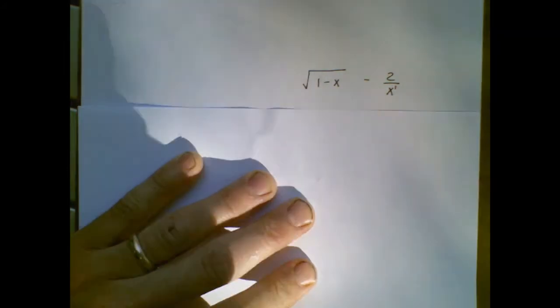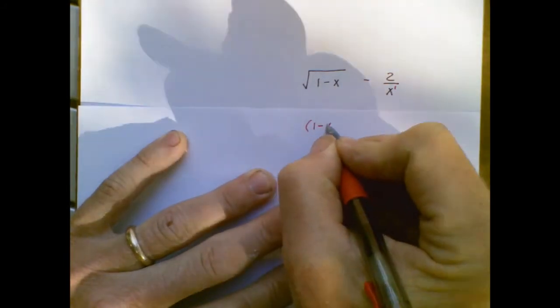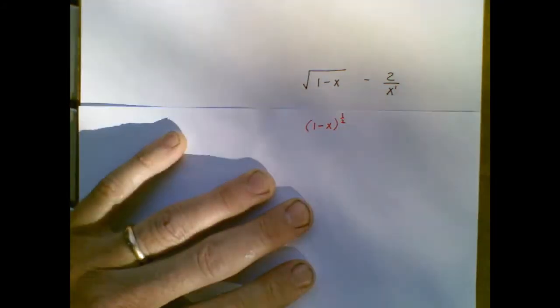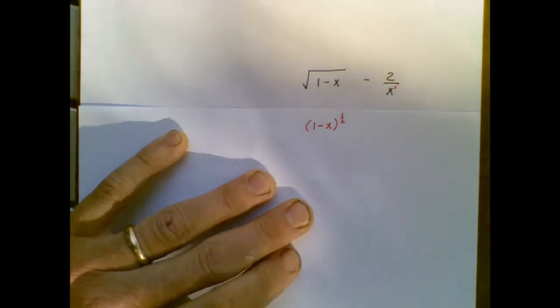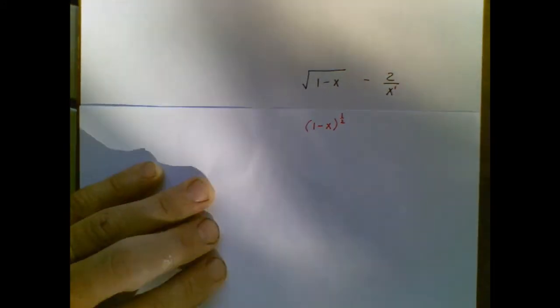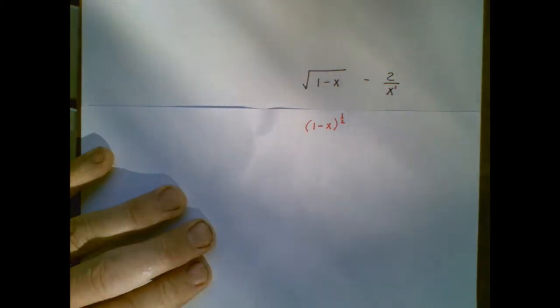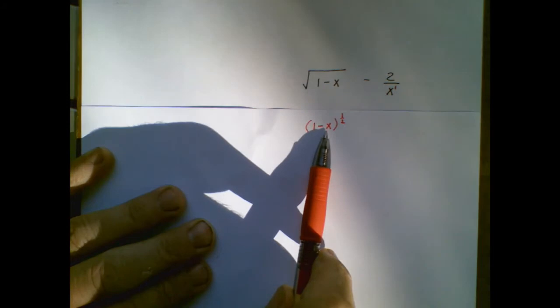And over here, I might have my brain think about it like this: 1 minus x to the 1/2 power, because now I can use reverse power rule, and that square root doesn't really lend itself to reverse power rule. All right, so we've got to go ahead and do this antiderivative.